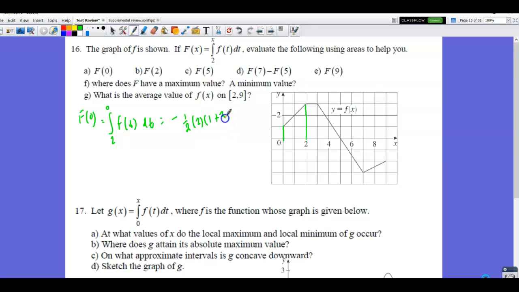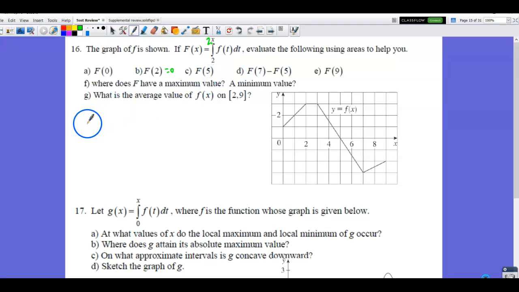Hopefully I did that arithmetic correctly. So 3 plus 1 is 4 times 2 is 8, or these two knock each other out, so I end up with negative 4. F of 2, that one's easy. If I accumulate area from 2 to 2, I get 0.